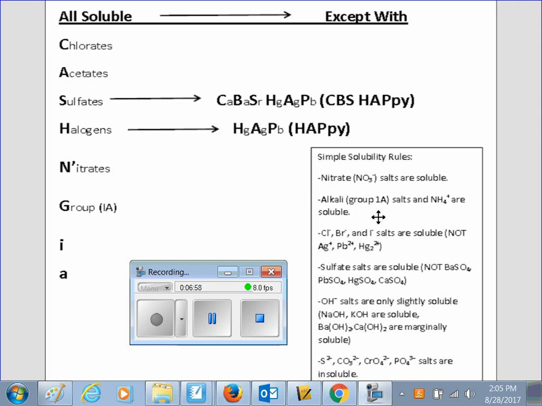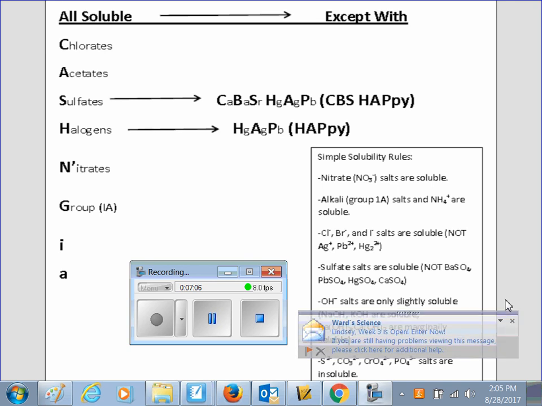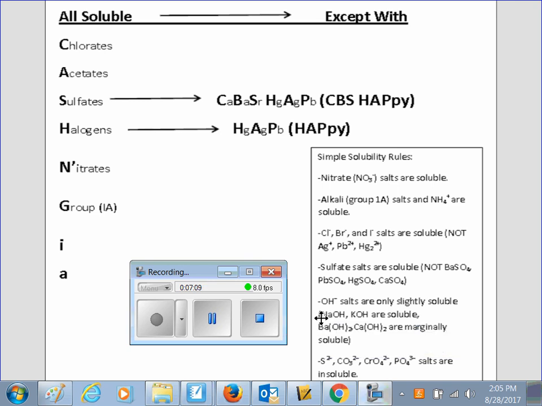So over here on the right, you've got the spelled out form of these rules. And one thing I want to point out down here, you've got hydroxide salts. So if you see hydroxide in a compound, they're usually soluble with group 1, and they are soluble with calcium, barium, and this is not on here, but strontium, they're soluble with that.